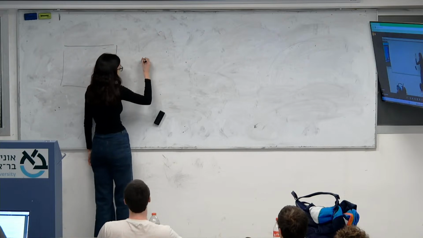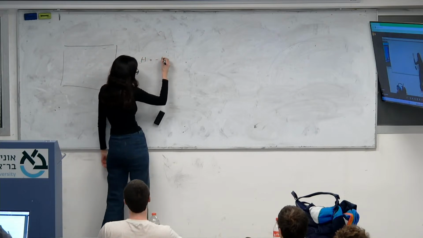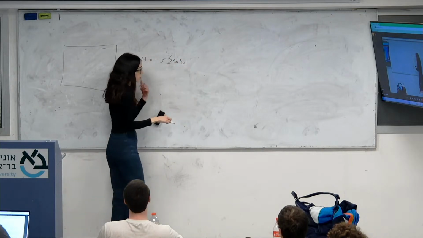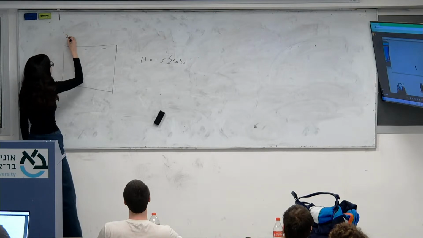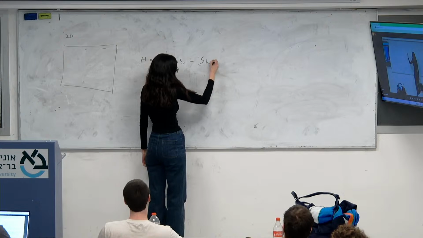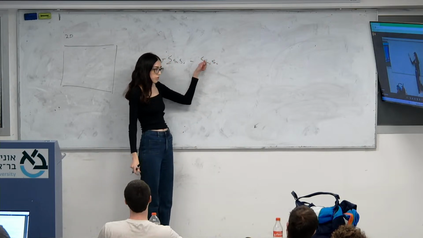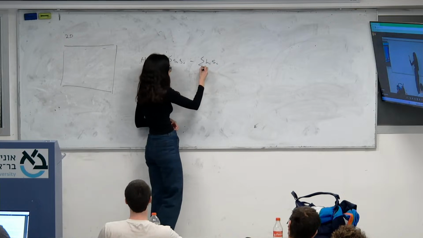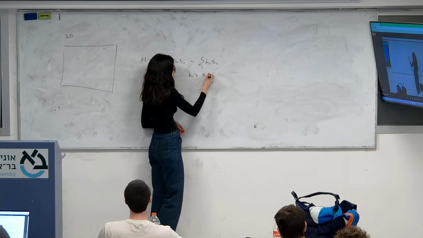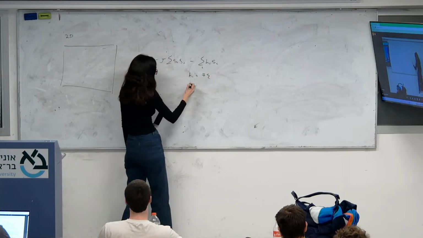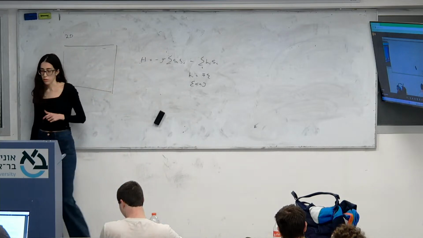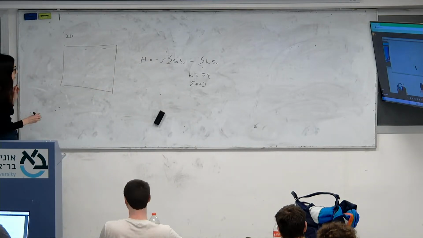I have the Hamiltonian minus J sum S_i S_j, I'm still in 2 dimensions, minus sum H_i S_i. So the magnetic field is inside the summation, and H_i can be, for example, plus or minus some epsilon. And epsilon is very small compared to J. So I have plus or minus epsilon fields through the system.